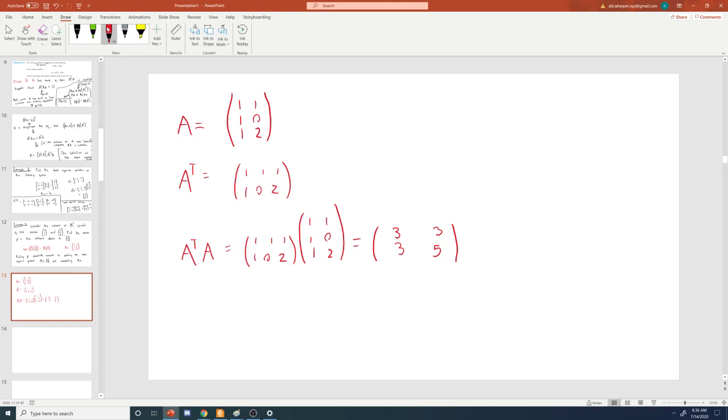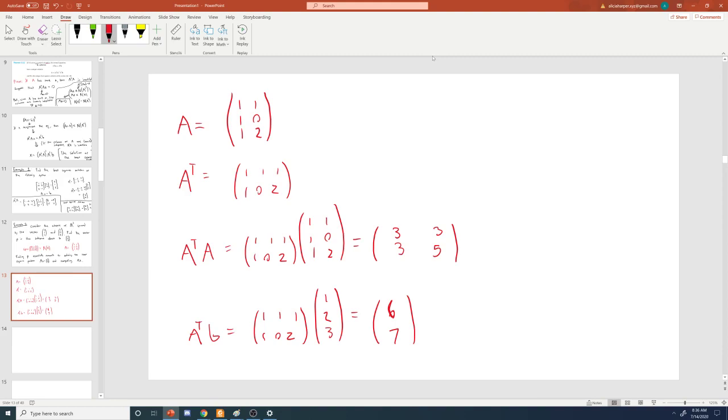We also have to compute A transpose times B, which is 1, 1, 1, 1, 0, 2 multiplied by 1, 2, 3. So this is just going to be the vector, 6 in the first entry, and 7 in the second.